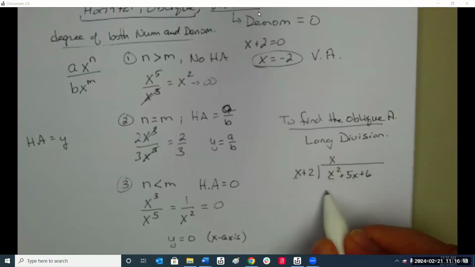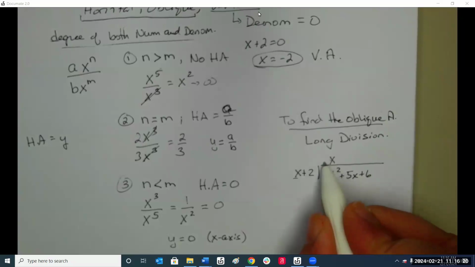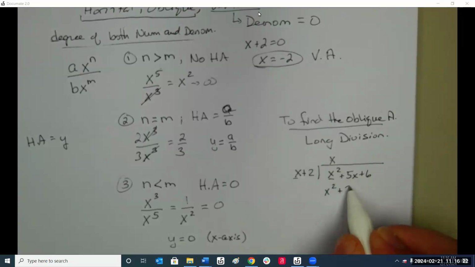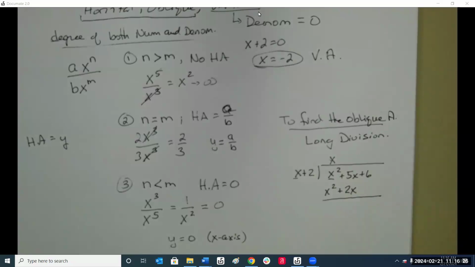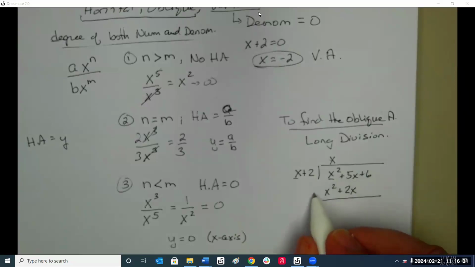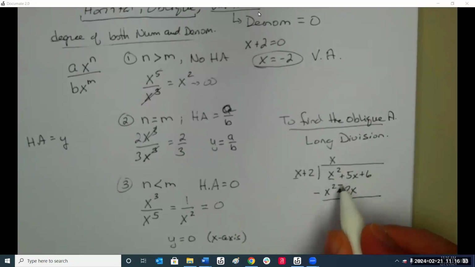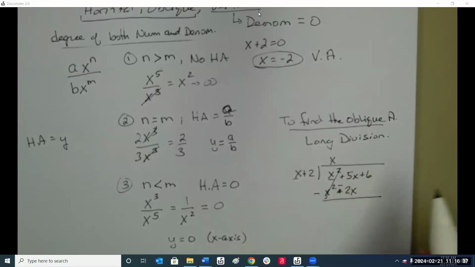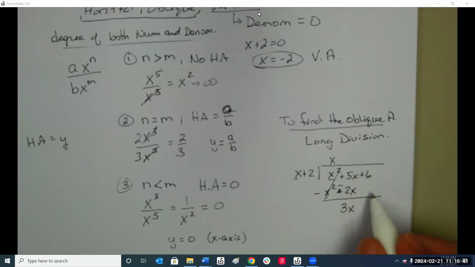So x times x is x squared. x times 2 is positive 2x. Now we have to subtract, so we change the signs and add. The first term always has to cancel. 5 minus 2 is 3x, and bring everything else down.